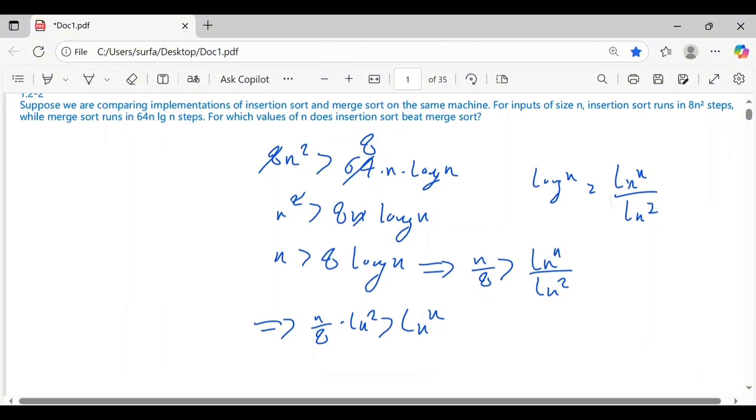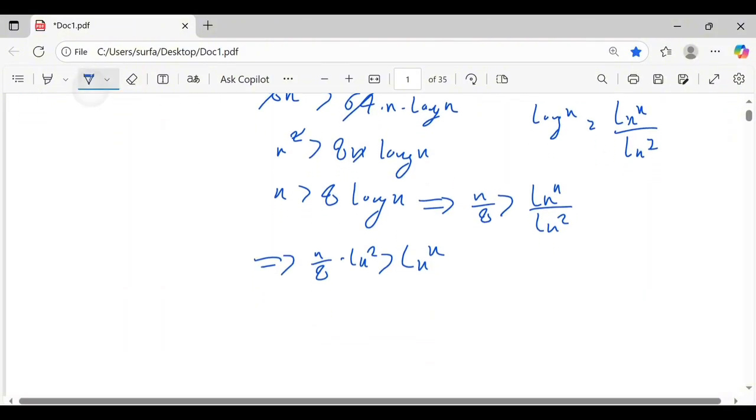After that, for solving this problem, we will use a substitution, and we use this equality as our assumption. So n is equal to e to the power of x, so it will become like this. If we rewrite the equation, it will become e to the power 2x ln 2 divided by 8 is greater than something.